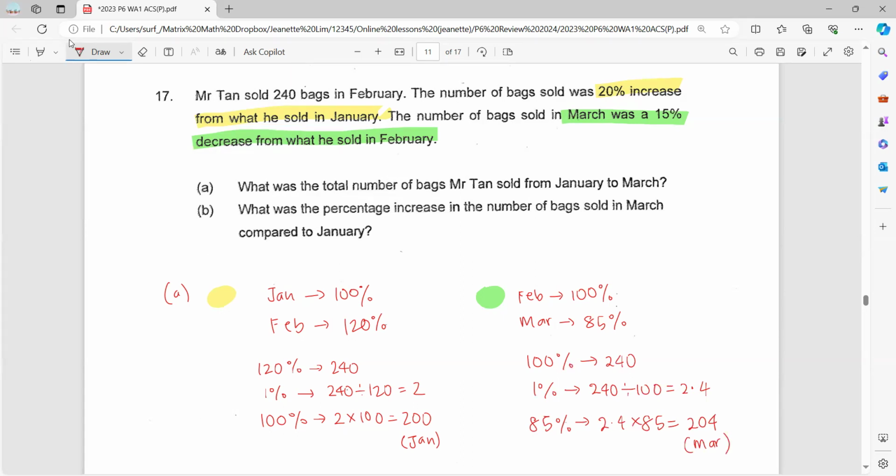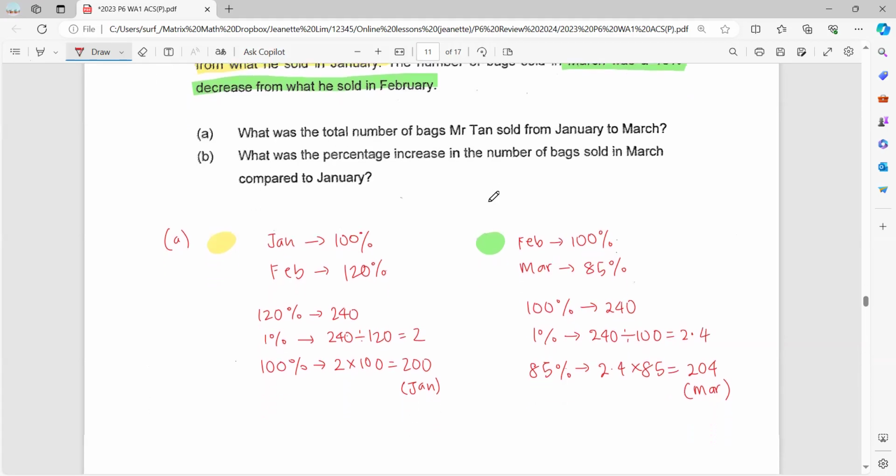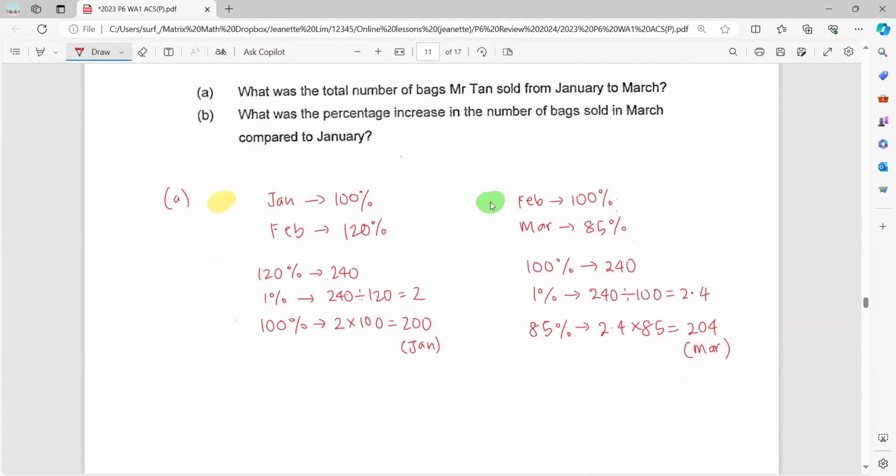Okay, so we have January, we have March, and we have February, which is given. So part A, what's the total number of bags from January to March? Just add them all up. January 200, February 240, March 204. So the answer is 644.